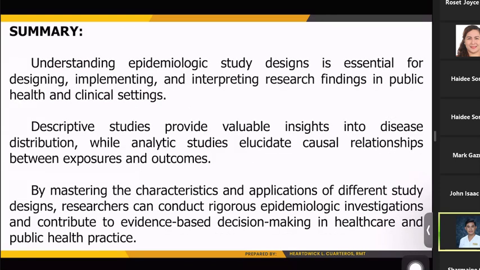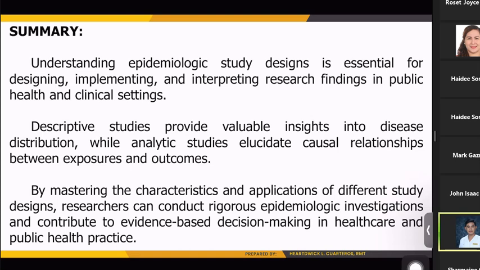Okay? Summary of our topic today. Understanding the epidemiologic designs is essential for designing, for implementing, and for interpretation of research findings in public health and clinical settings. So descriptive studies now provide, okay, insights into disease distribution, while analytic studies now elucidate causal relationships between exposures and outcomes.